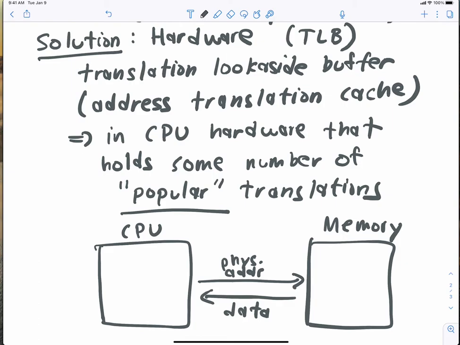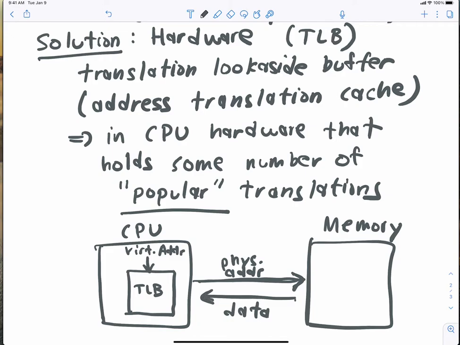And you can think of somewhere in the CPU, this is not to scale, as being part of our MMU, we're going to have this TLB. Literally, every time we have a virtual address, it's going to go into the TLB and hopefully get translated.